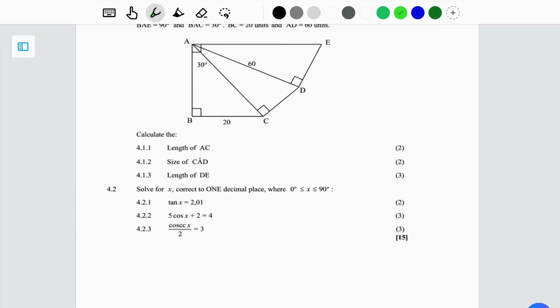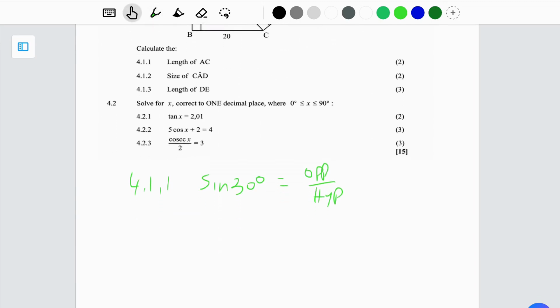So we can now say that we do have an angle and a side opposite the angle, right? So for 4.1.1, the sine of 30 degrees equals opposite over hypotenuse. So the sine of 30 degrees will now equal, opposite we know is 20, and the hypotenuse is unknown.